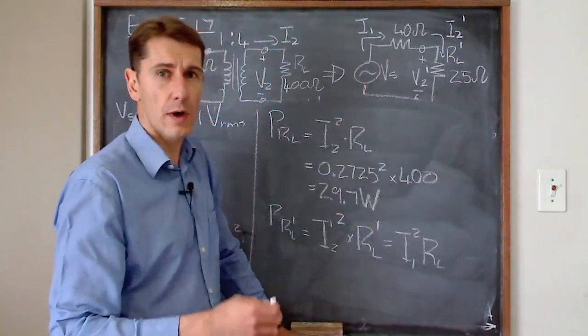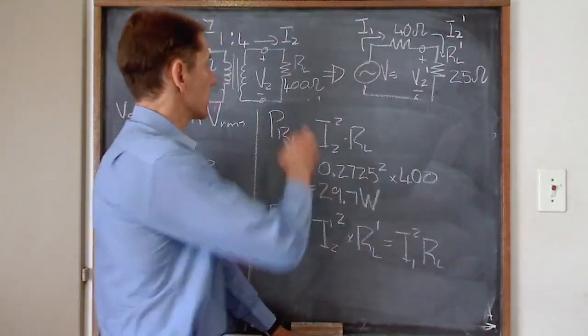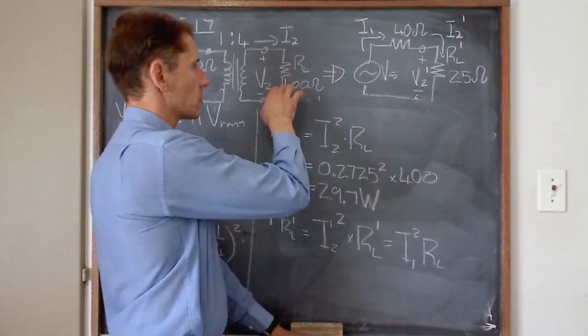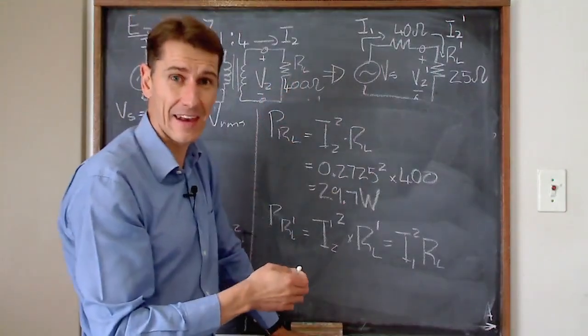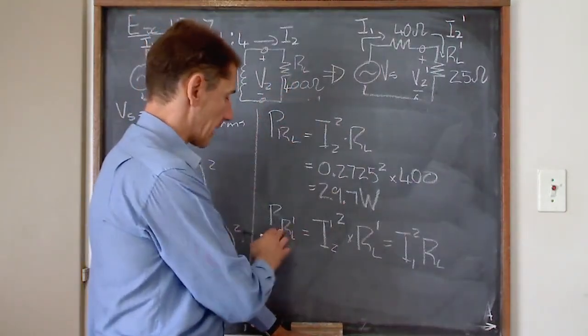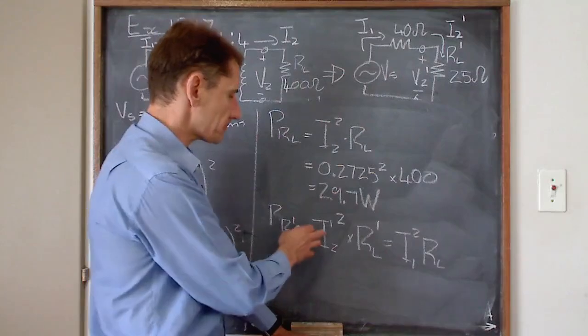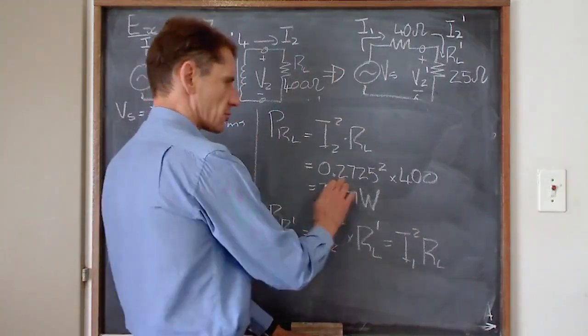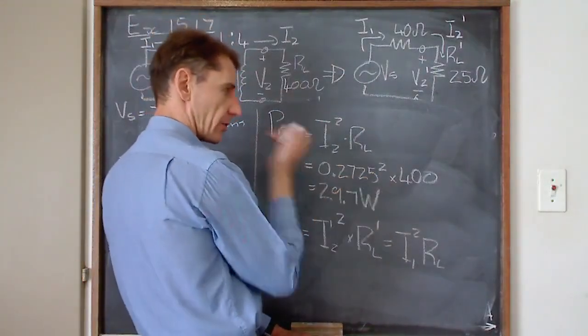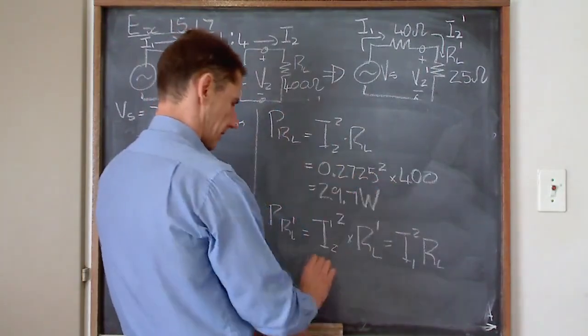Remember, this is now active power. If there was another impedance and the current had an angle, when we're talking active power it's always the magnitude of the current. That's why I'm not writing in the angle, because I'm only interested in the magnitude.